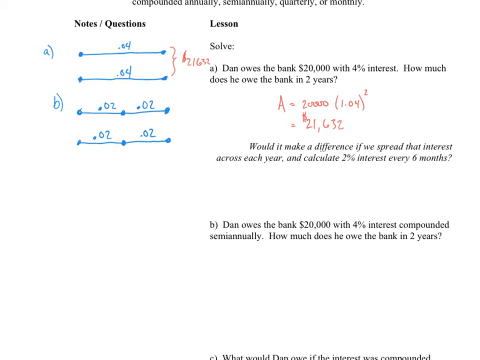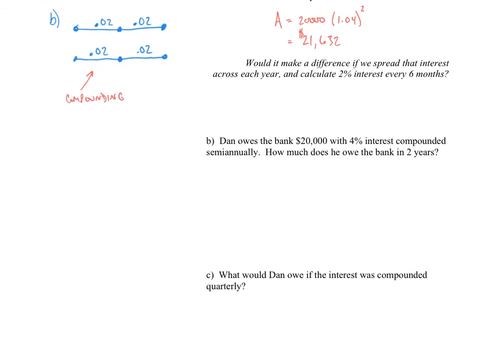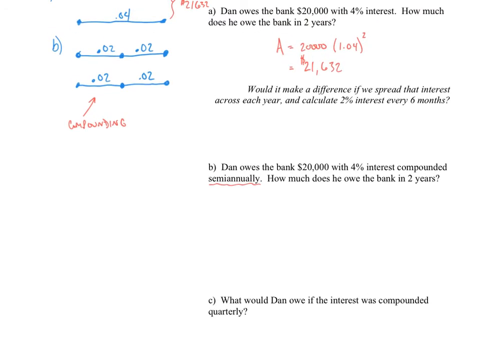All right, so this is what we call compounding. And what we want to do is figure out, does it make a difference? This is the exact scenario that we've got in part B here. It says Dan owes the bank $20,000, 4% interest, compounded semi-annually. And that word semi-annually is telling us how often we are cutting up our interest rate.